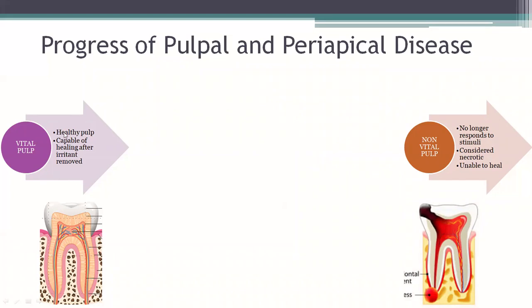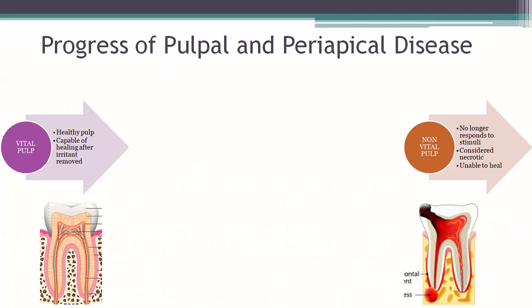This pulp is healthy and is capable of healing after the irritant is removed. For example, if you suddenly eat an ice cream and you feel it very, very cold, but as soon as the ice cream disappears from your mouth, you no longer feel that sensation of cold.